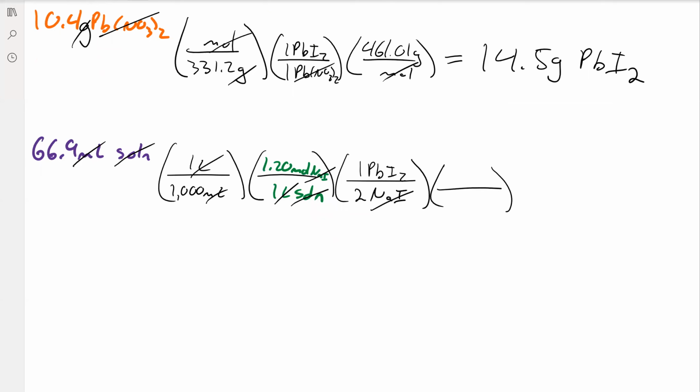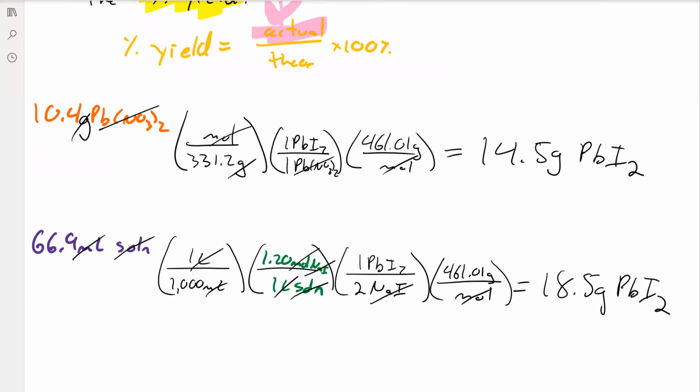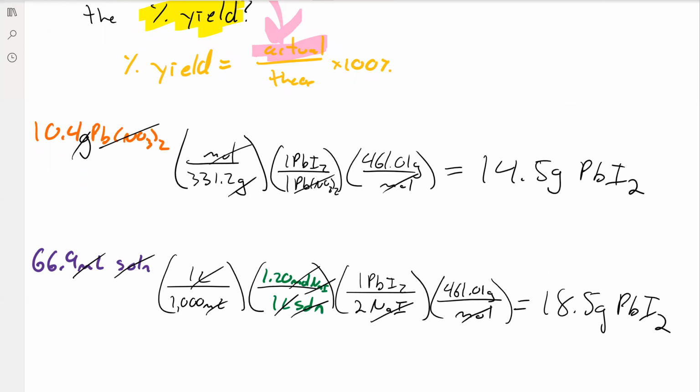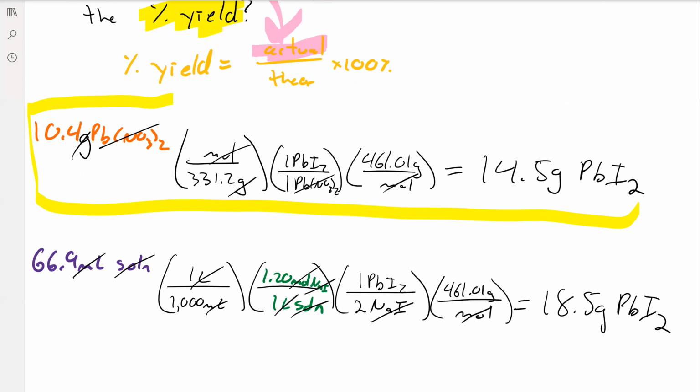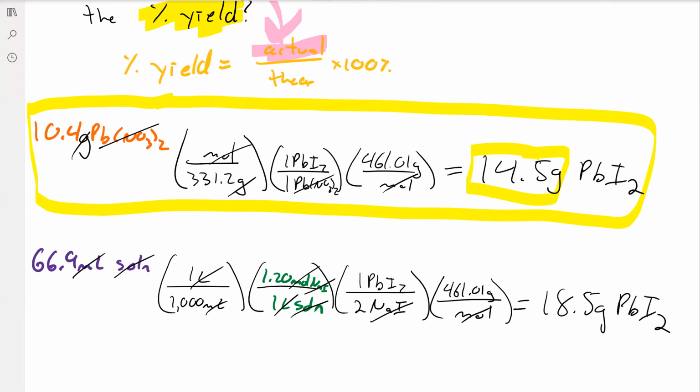So the last thing I need to do is just switch it over to grams using my molar mass. I do the calculations. I end up with 18.5 grams of lead iodide, right? So the sodium iodide is in excess, and my limiting reagent is the lead nitrate, which means that my real theoretical yield is this 14.5 grams.